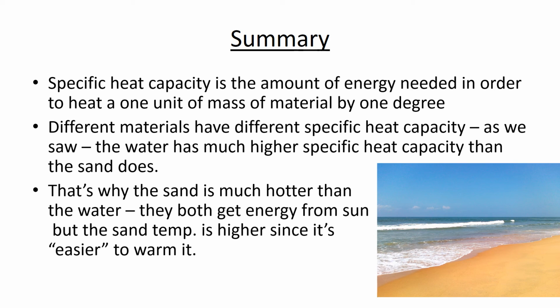We talked about a beach with cool water and warm sand, and actually the sand is much hotter than the water, and the reason is that the sand has a much lower specific heat capacity, and that's why it's easier to warm it.